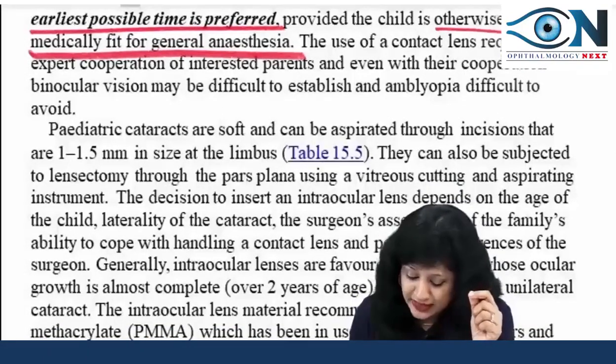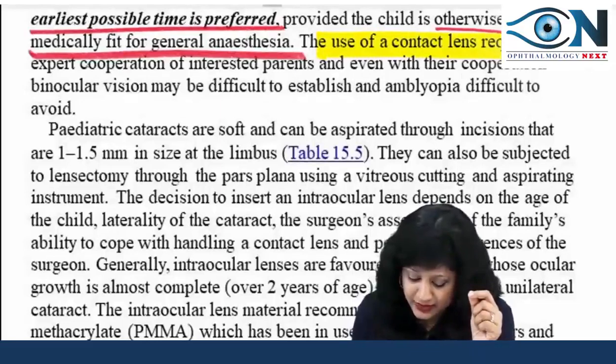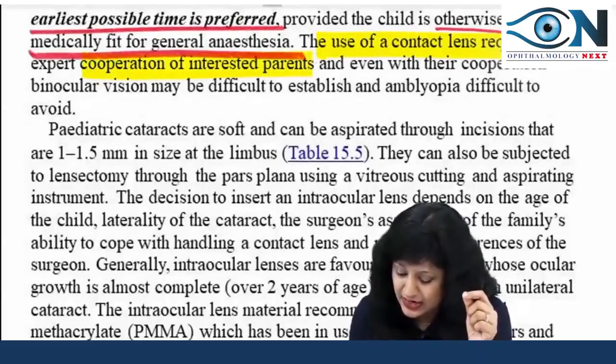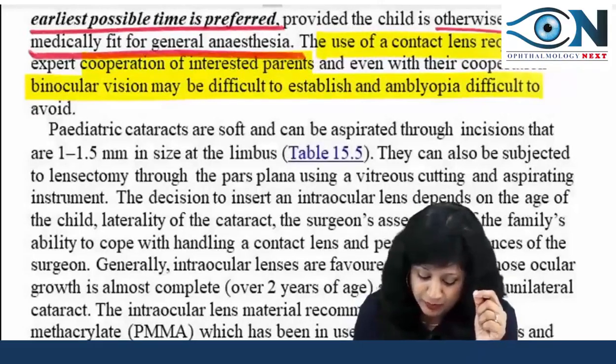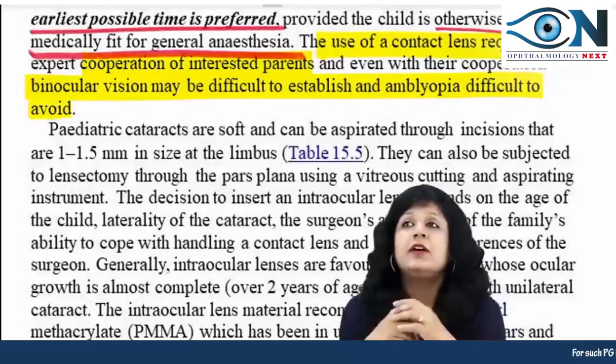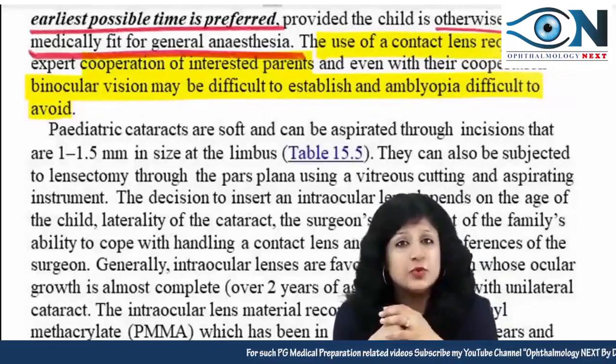Now if I talk about the contact lenses, that requires the cooperation of interested parents. Even with their cooperation, binocular vision may be difficult to establish and amblyopia difficult to avoid. We can also think about contact lenses, but there are two issues here.